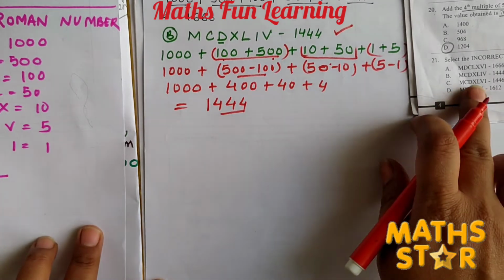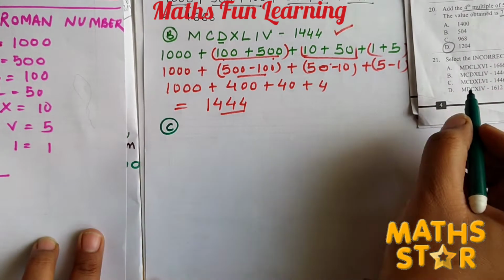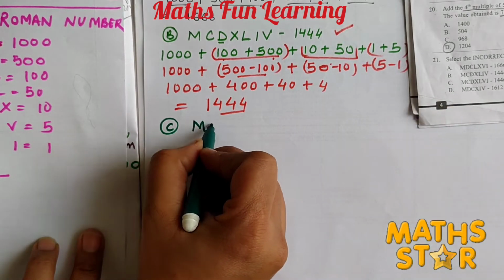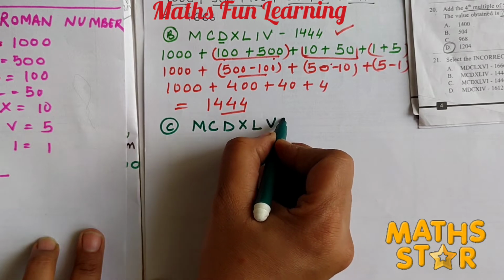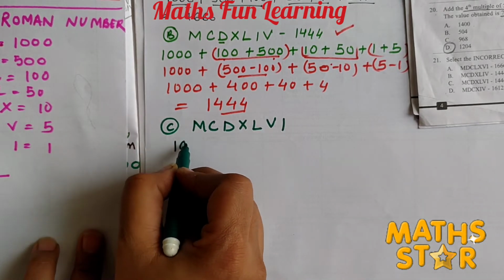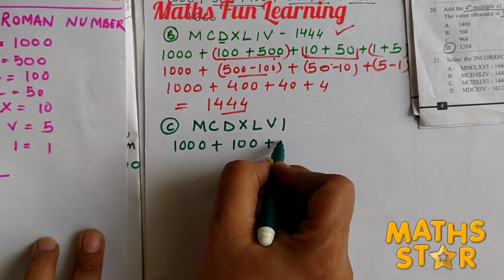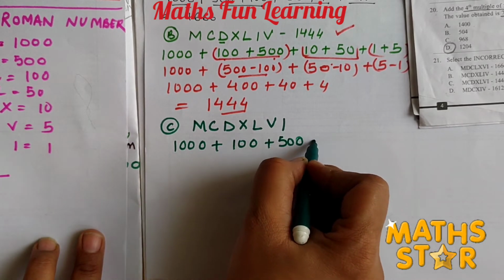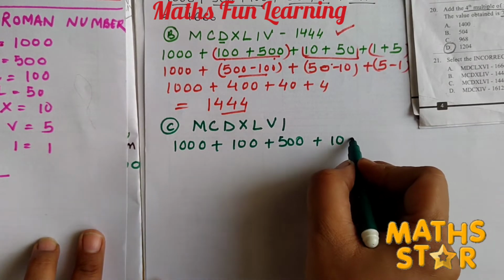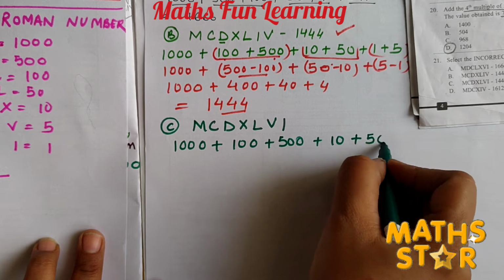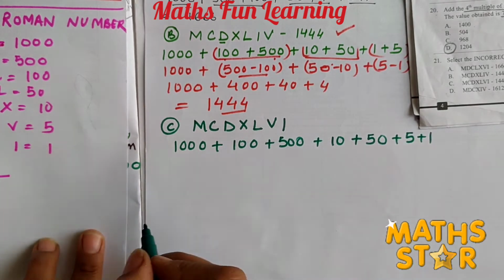Now let's solve the third part, M C D X L V I. M is 1000, C is 100, D is 500, X is 10 plus L is 50 plus V is 5 plus I is 1.